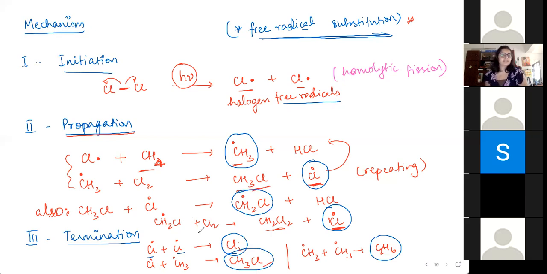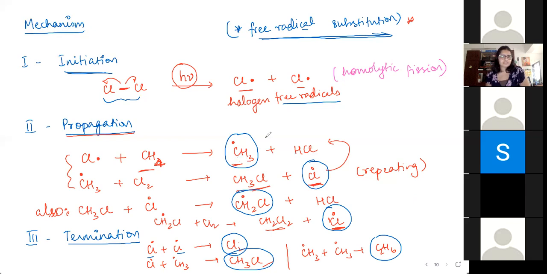Okay. Any questions about this whole mechanism, like what free radical substitution is and how it goes on? So a simple way to identify what step a particular stage is: the division of chlorine is always initiation, you get chlorine free radicals.